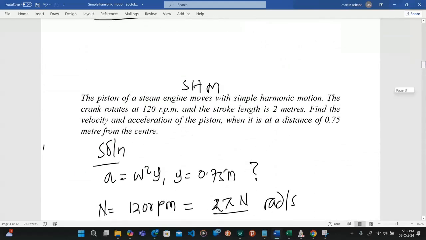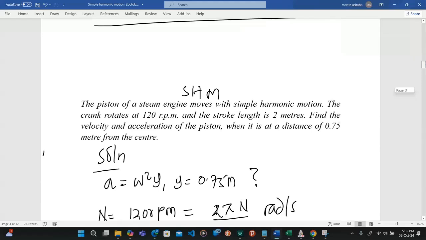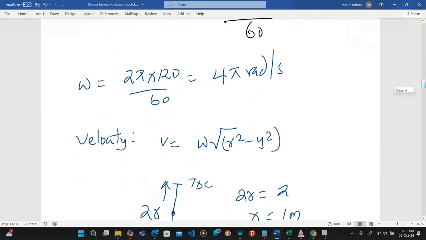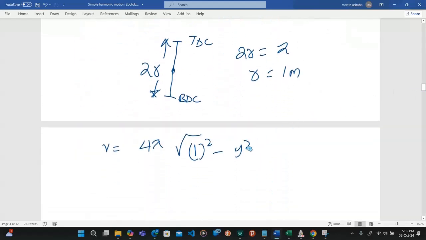What is y? Do we know it? Find the velocity and acceleration of the piston when it is at a distance of 0.75. So y is also 0.75.